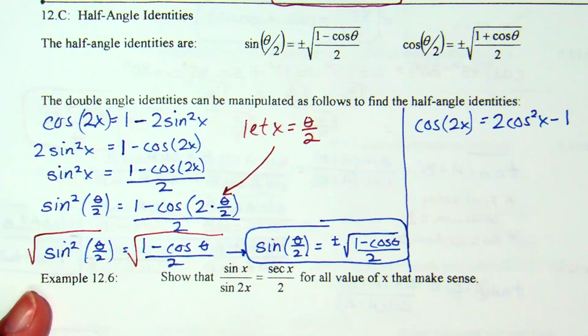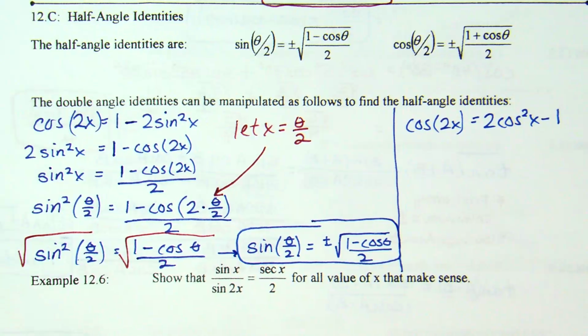Work to solve for cosine x. If I'm going to work to solve for cosine x, can we say add 1 to the other side? If you don't mind, I'm going to flip my sides as I go as well. So I'm going to put my 2 cosine squared x on the left, and then I'm going to have cosine 2x plus 1 on the right.